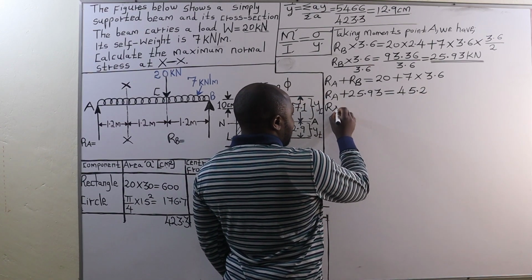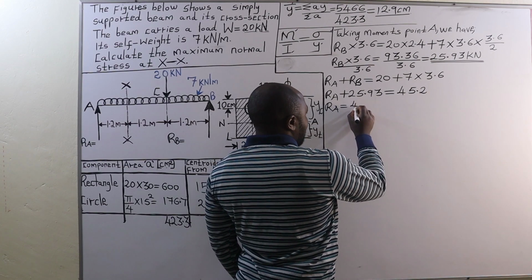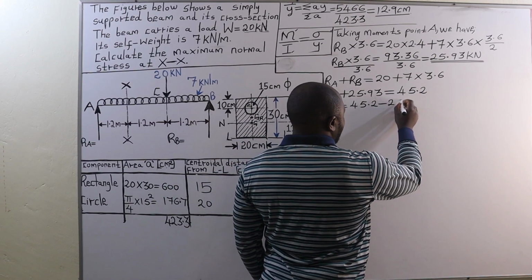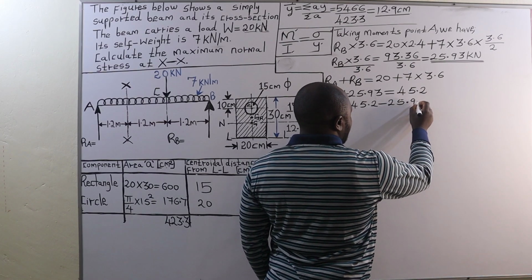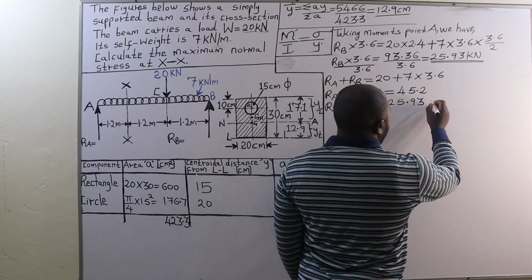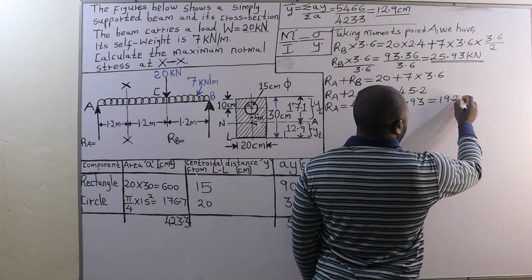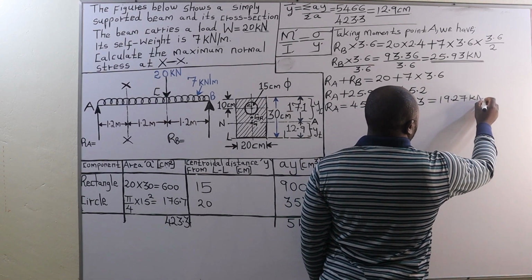So the reaction at A is going to be 45.2 minus 25.93, which is going to be 19.27 kilonewtons.